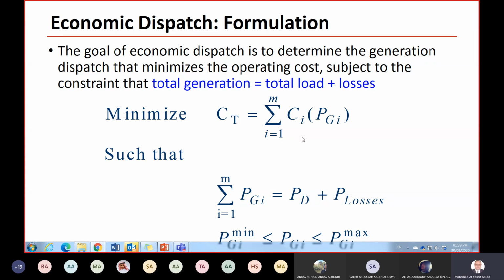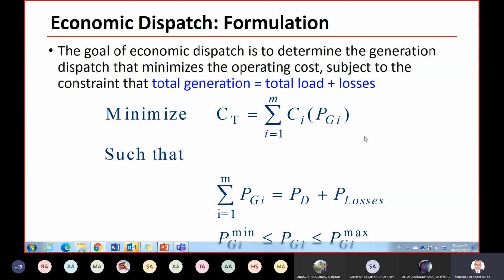So these are the cost function and the constraints, as I mentioned. The summation of the generations must cover the demand and the losses. And another constraint is that each generator has limits, the minimum power and the maximum power. So each generation plant has bounds on the minimum power and the maximum power that can be generated.